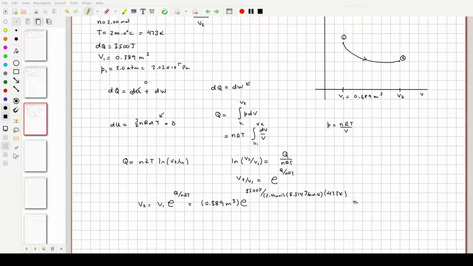And when I do that, I get a new volume of 0.607 cubic meters.